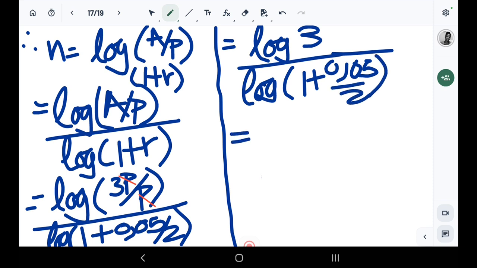Take out the calculator and you go to the common fraction button, and then you go to the log button.